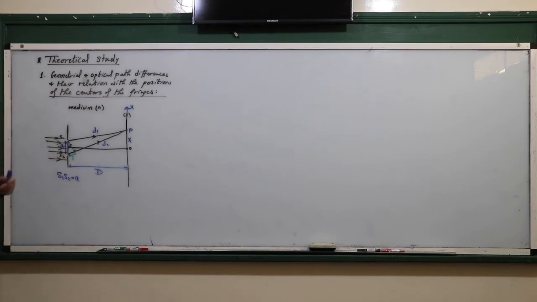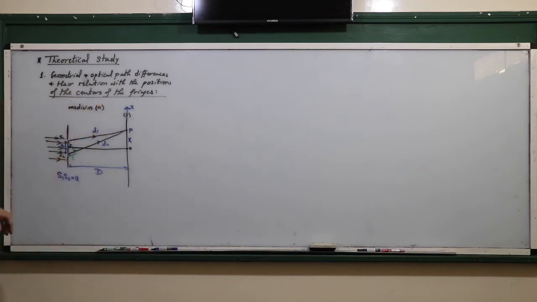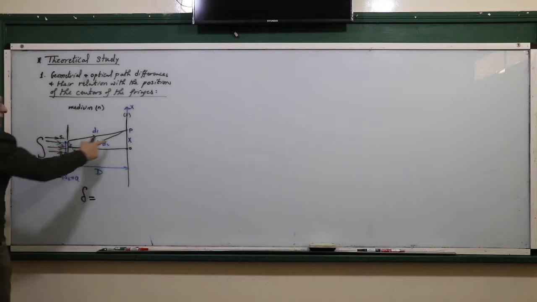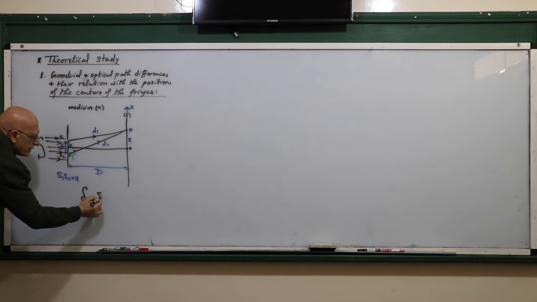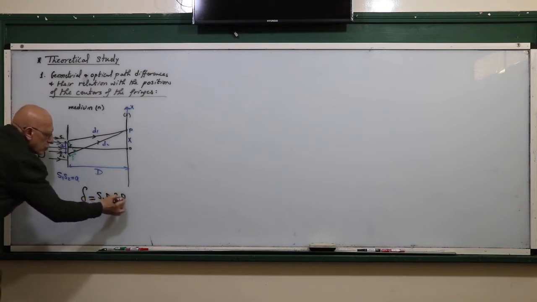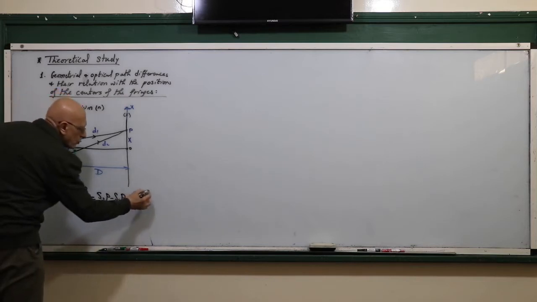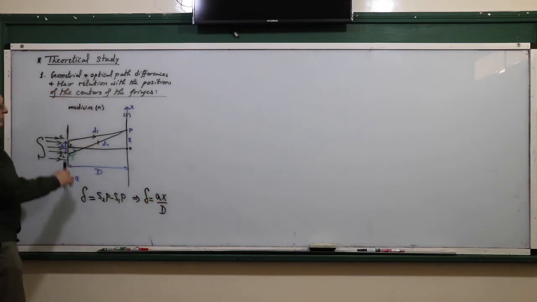Now, without a proof, you should know that this delta, the path difference from S to P, is equal to A times X over D. So delta, which is S2P minus S1P, we can prove it, but you are not responsible for the proof, is equal to AX over capital D. Very simple.